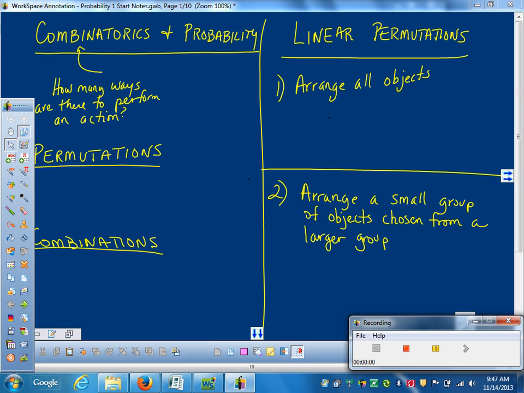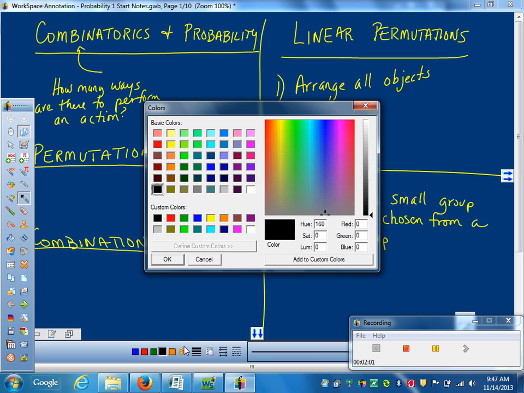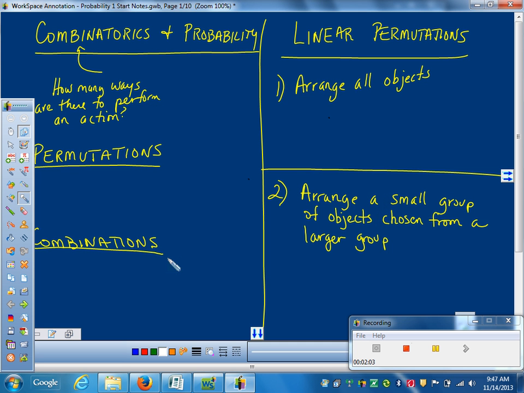The difference is, if I ask you how many permutations of the front row there are, what am I asking you? How many orders? Yeah. I think of permutations as patterns.